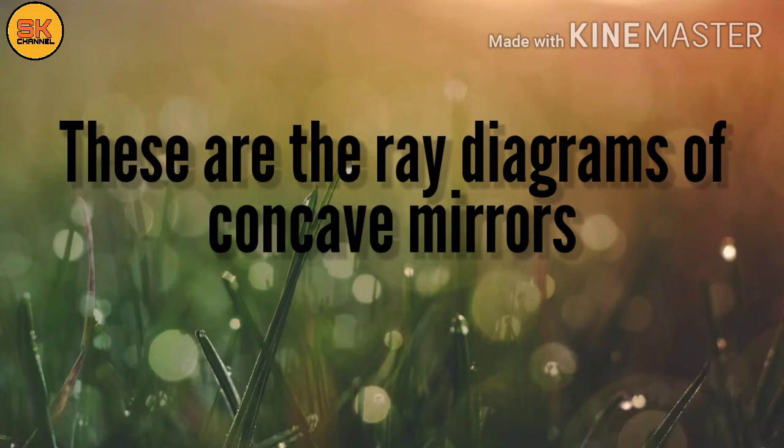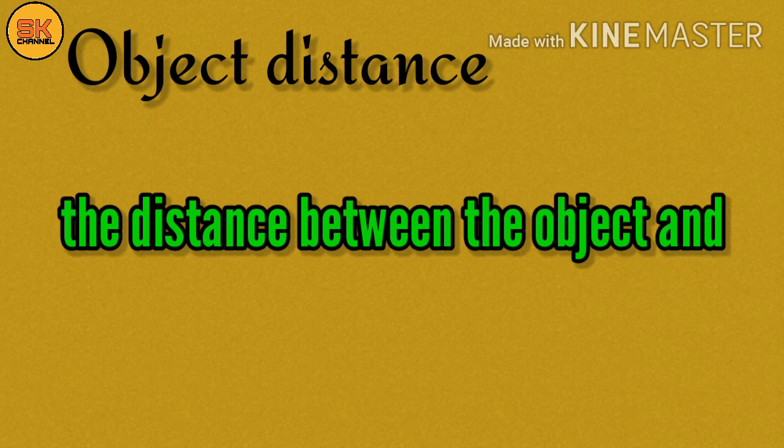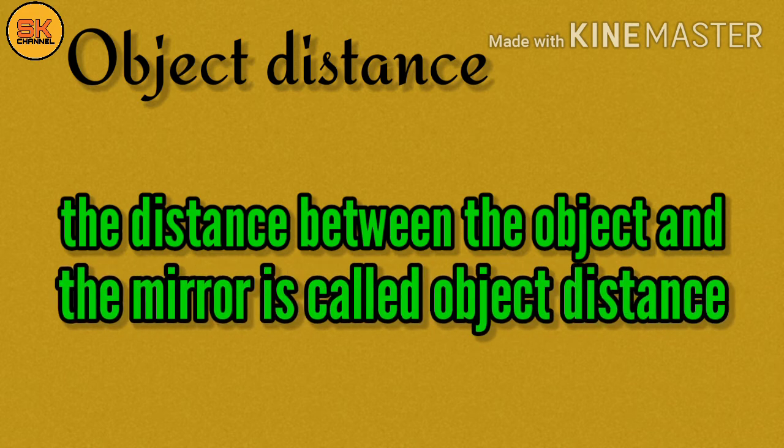Now let's discuss some other terminologies used for this chapter. Object distance. The distance between the object and the mirror is called the object distance. It is denoted by small u. The CGS unit of object distance is centimeter and MKS unit of object distance is meter.